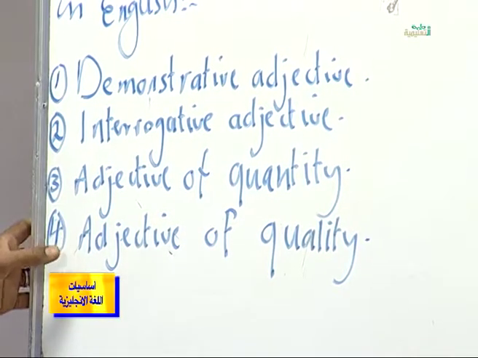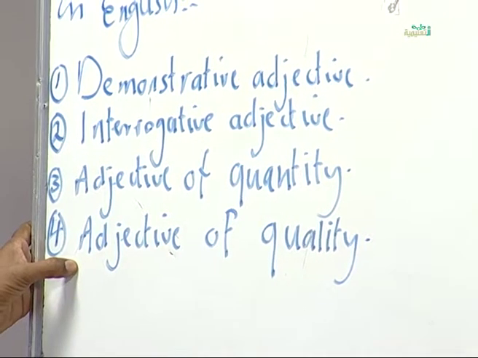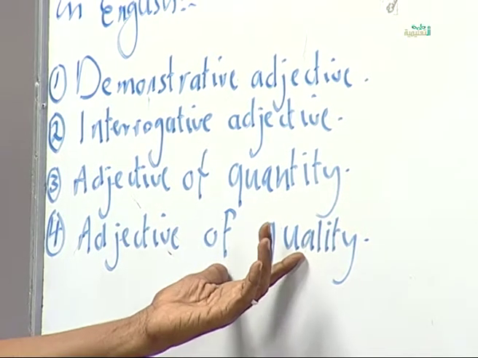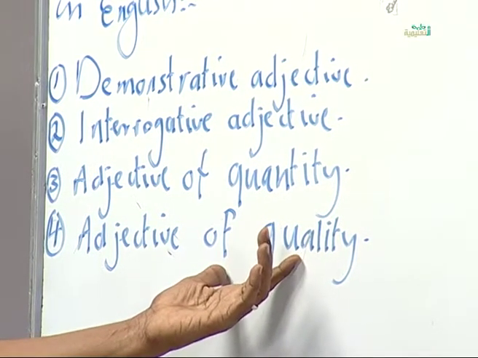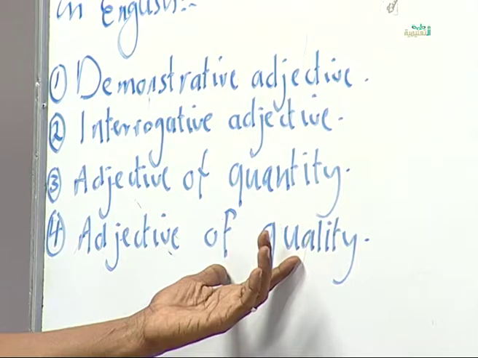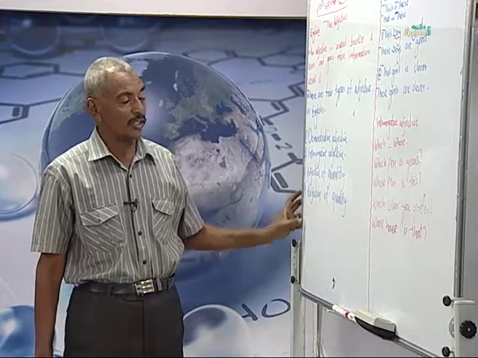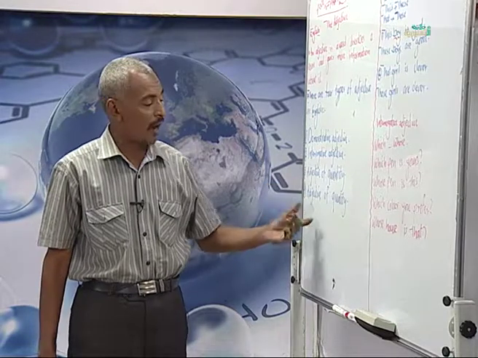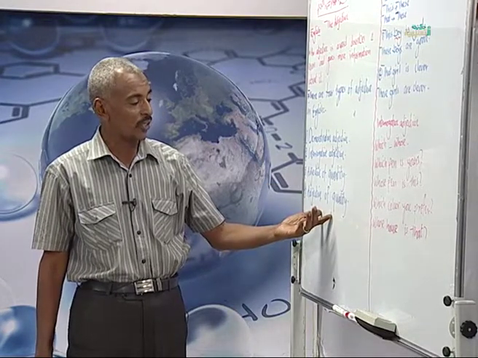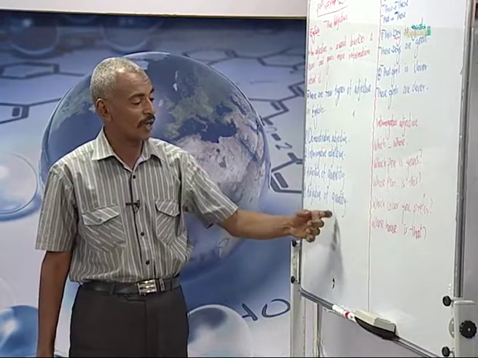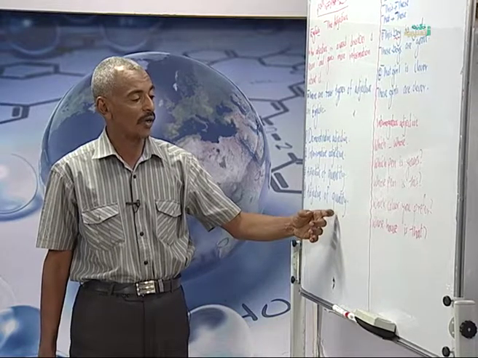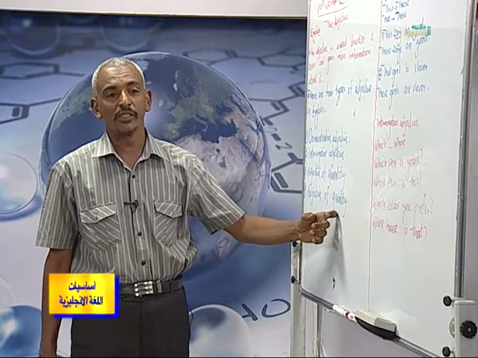For adjective of quality, this is the most important of them. Why? Because we find it in all the sentences in the English language. You can find adjective of quality. Why?